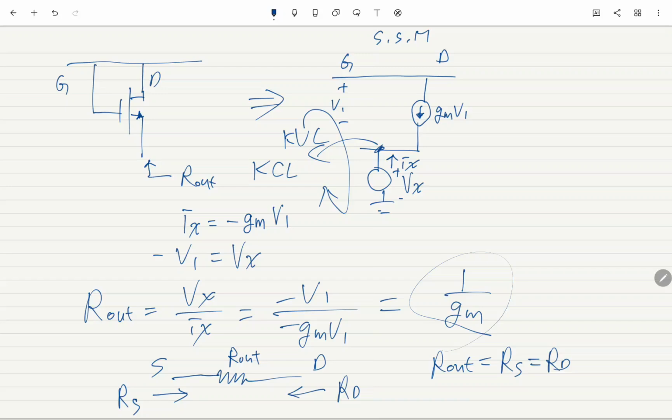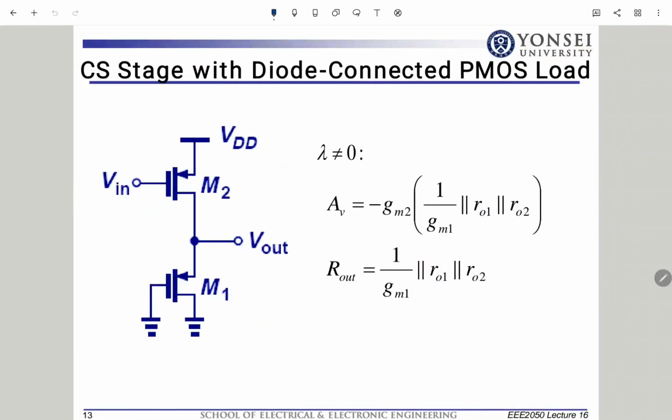What else? So now, let us talk about the CS stage with a diode connected PMOS load. Here lambda is not equal to 0, and we want to find the voltage gain and R out. This procedure is very similar to the previous one.